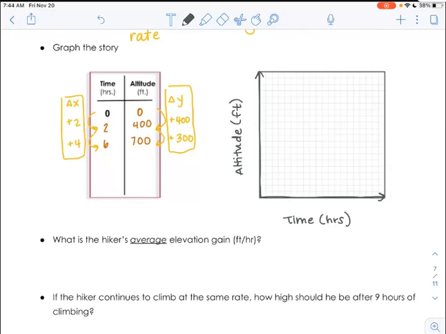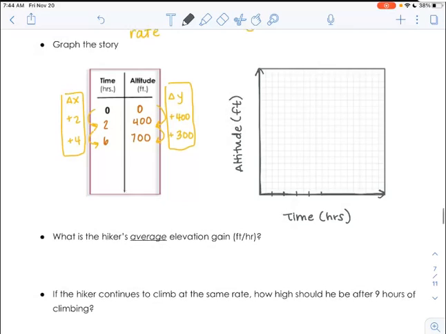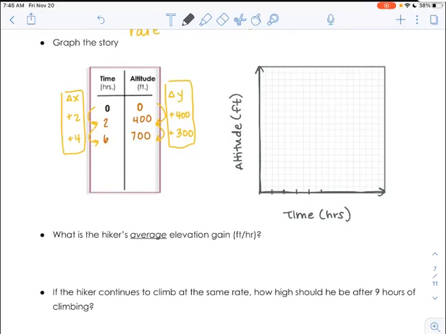So time is passing. We're measuring in hours, so I'm actually going to widen this out. I'm going to skip a line so I don't crowd those hours together, and I'll start with, this is obviously 0, 1, 2, 3, 4, 5, 6.